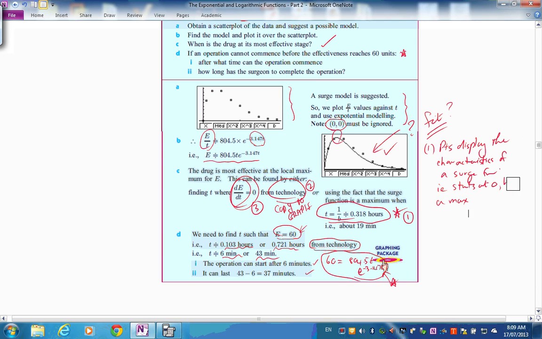Let's put that. So quickly reaches a max, and then declines and tends to 0. So that would be one reason.